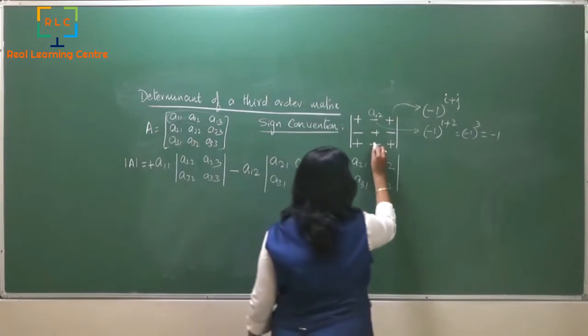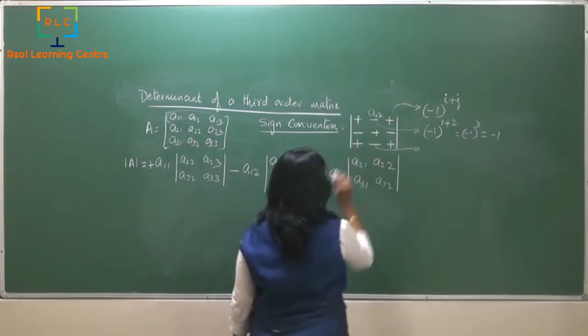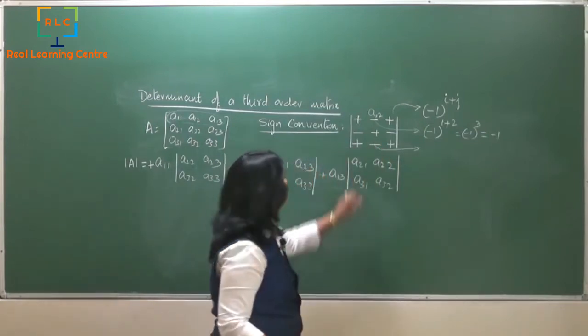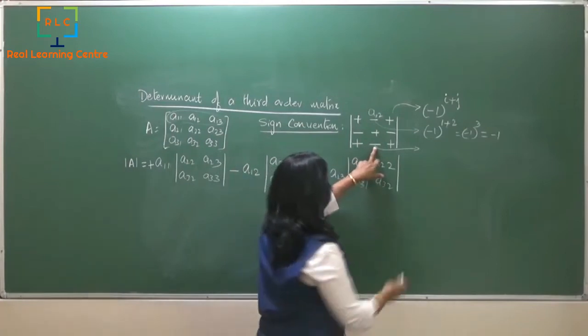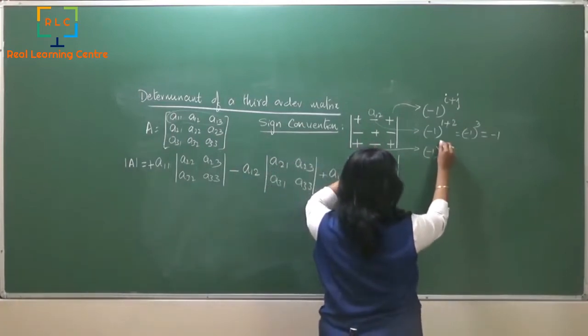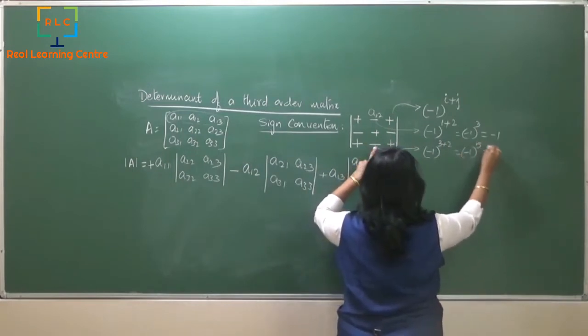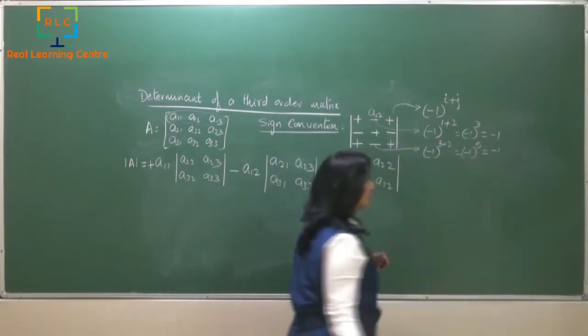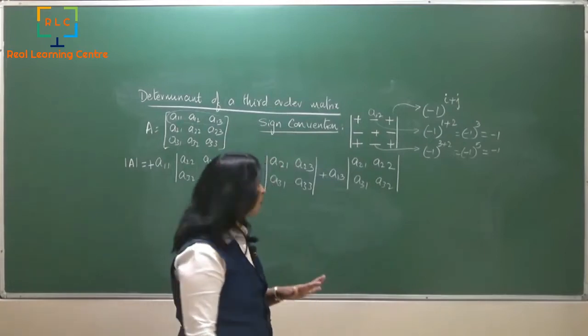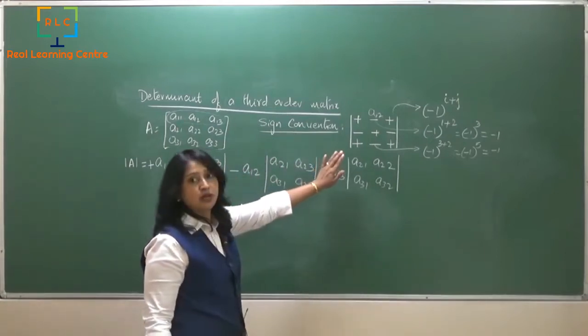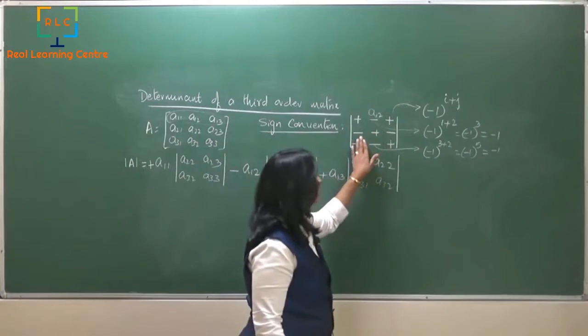Similarly, what is the place value of this? The name of this place will be A31, this will be A32. So minus 1 to the power of 3 plus 2. Minus multiplied 5 times will give you minus 1. So that's also equal to minus, and that is how we have got this sign convention, which is plus minus plus minus plus minus.